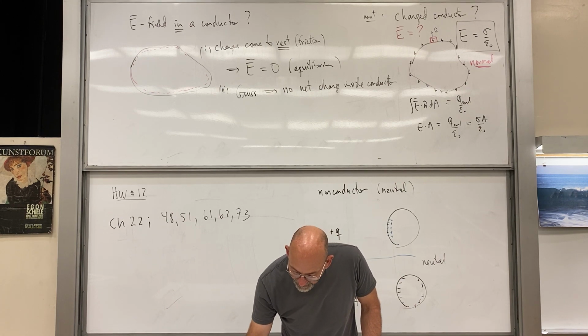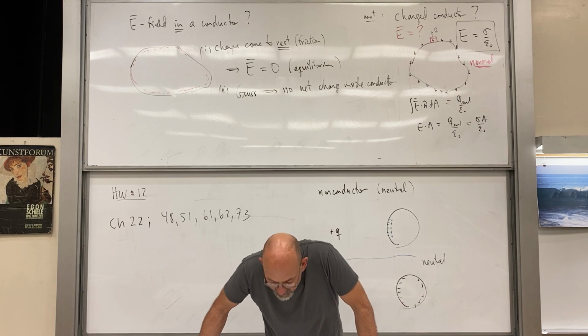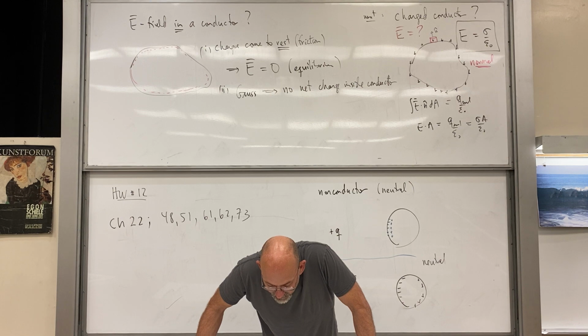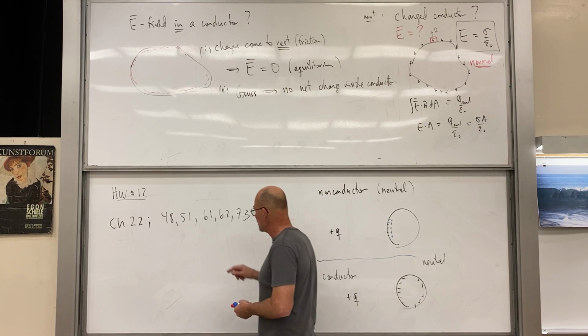Okay, so 48 was the field of a charged cylindrical shell, and 51 is the solid cylindrical charge. Actually, 50 would be good to do too. Maybe I'll change my mind on this. Yeah, let's do 50 instead of 51.